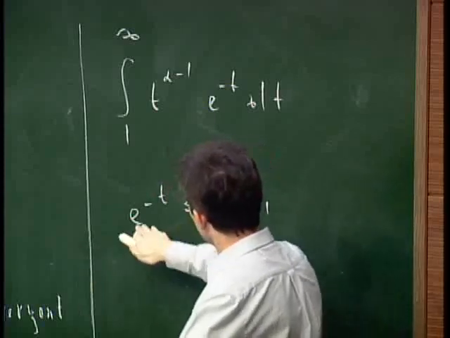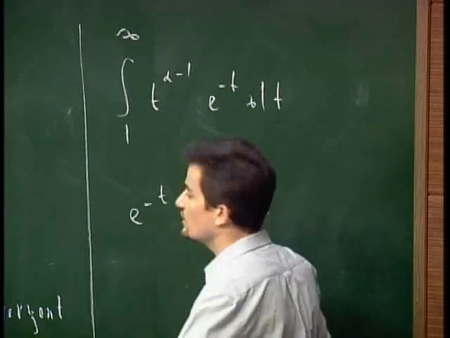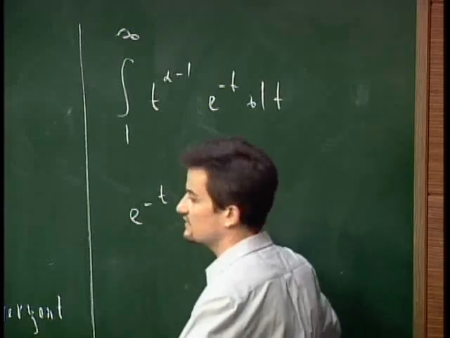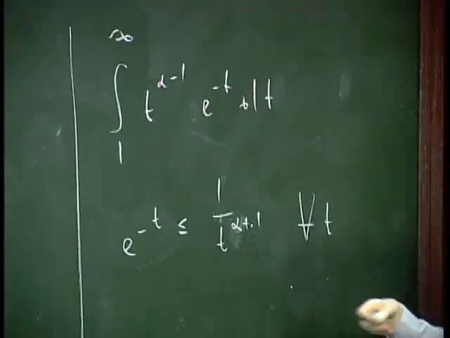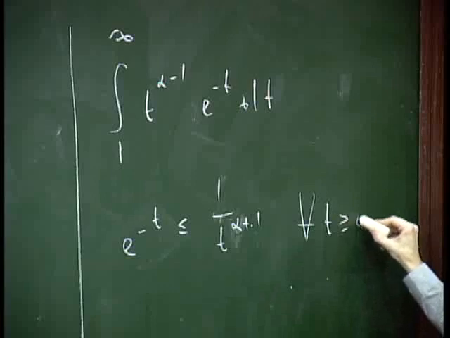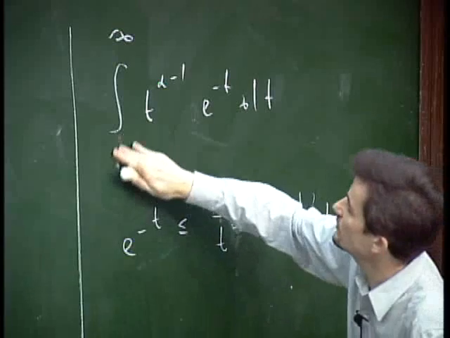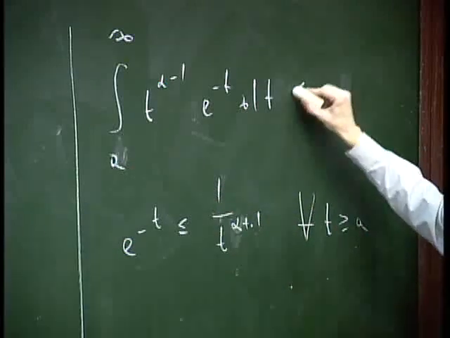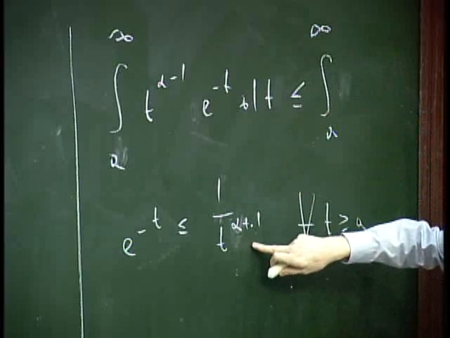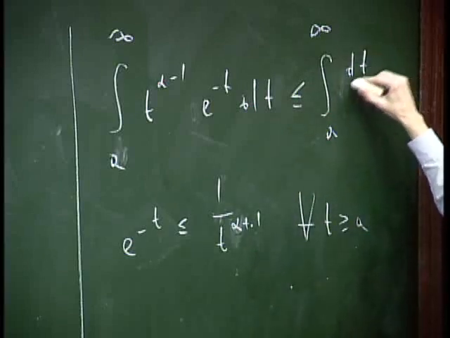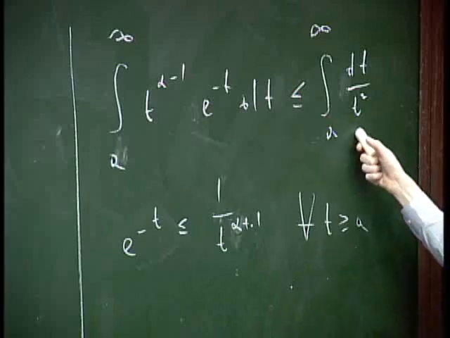Now, we know that this function tends quicker to 0 as t tends to infinity than any of those functions. So if you fix this exponent, you will have, for some t which is large enough, let's say larger or equal than a, that this is satisfied. So this integral will be smaller or equal than the integral from a to infinity, dt over t squared, and this here is convergent.